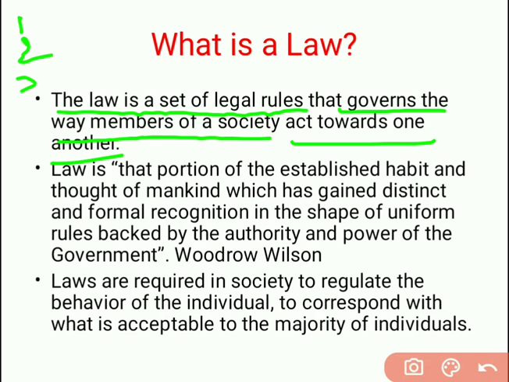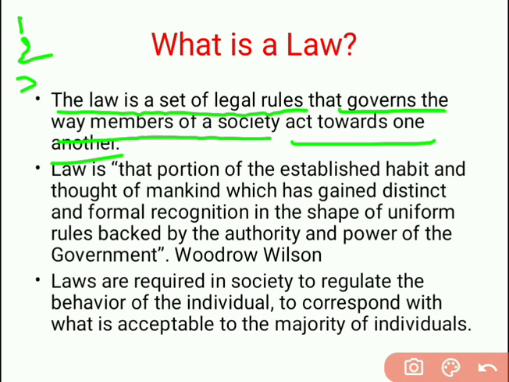So, this set of legal rules governs the habits of the members and how they act towards one another. This is one meaning of the law.